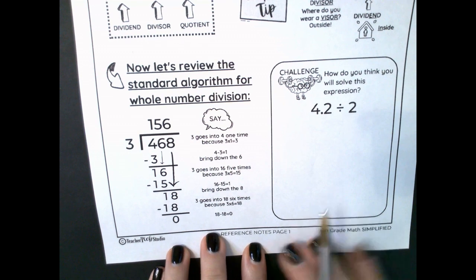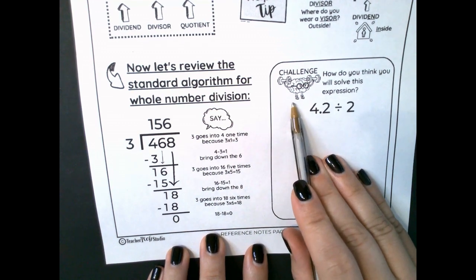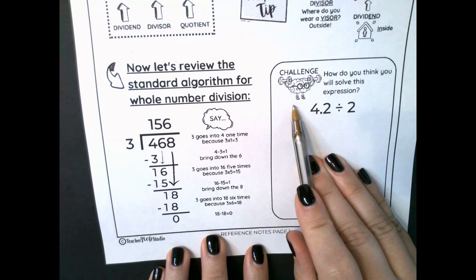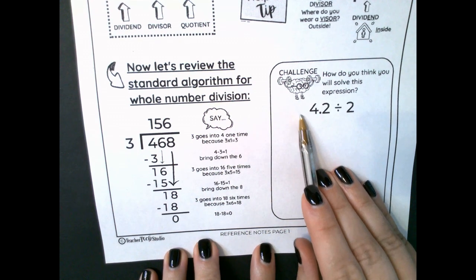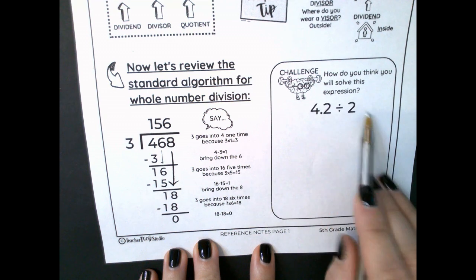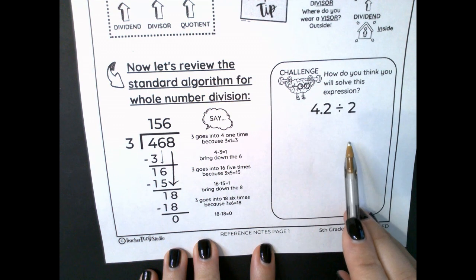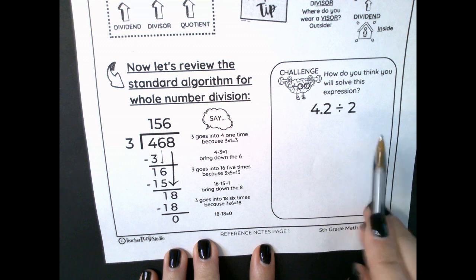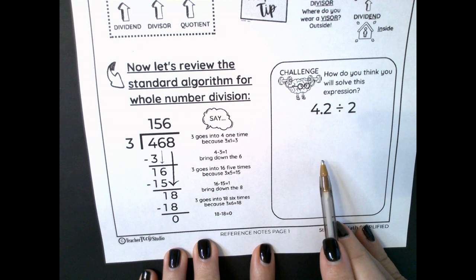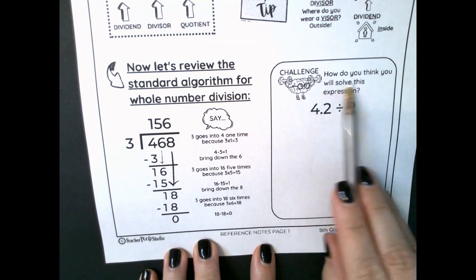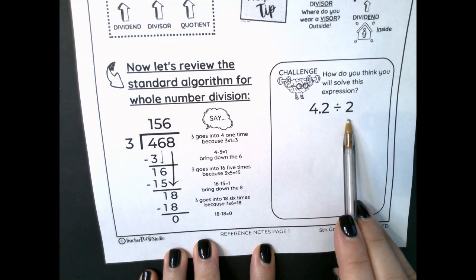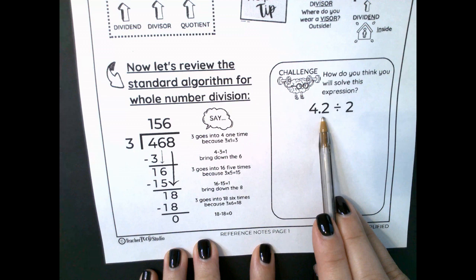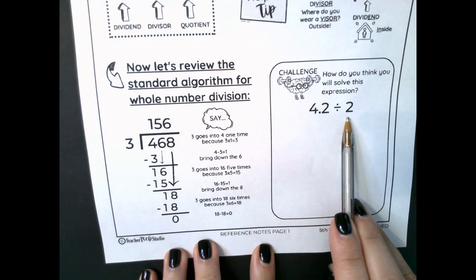Okay, so this challenge question is going to be a little bit different than the previous challenge questions in our lessons, in that I just really want you to think about this, and I'm not necessarily going to answer this one for you yet. The challenge says, how do you think you will solve this expression? You've got 4 and 2 tenths divided by 2.